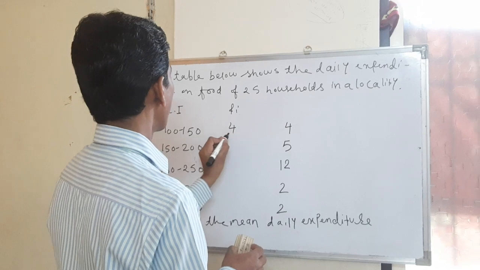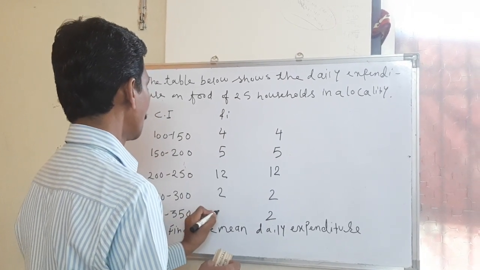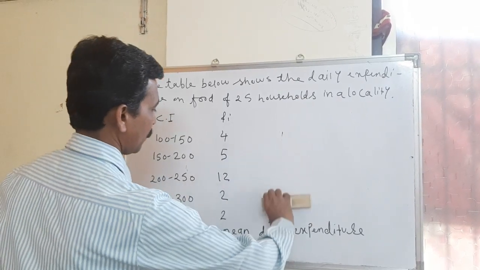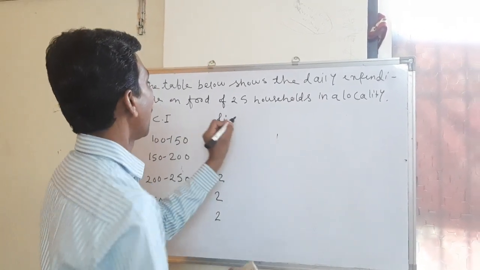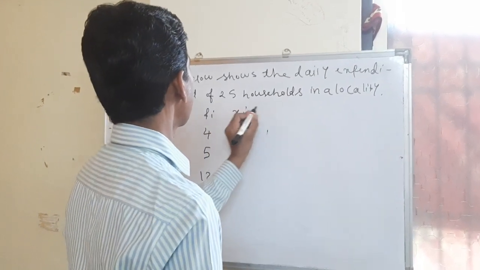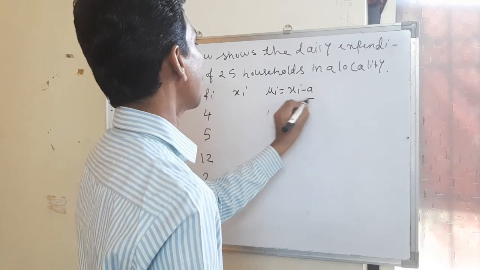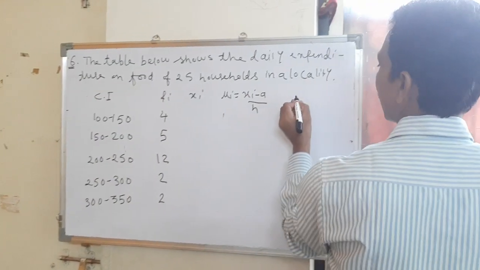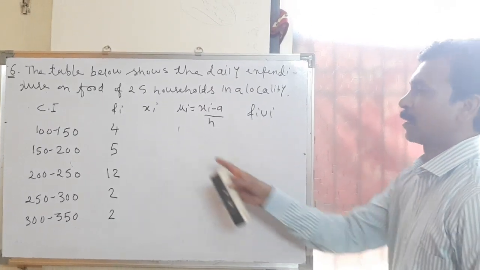This is 4, 5, 12, 2, 2. And this is xi, ui is equal to xi minus a upon h, and last is fi ui.